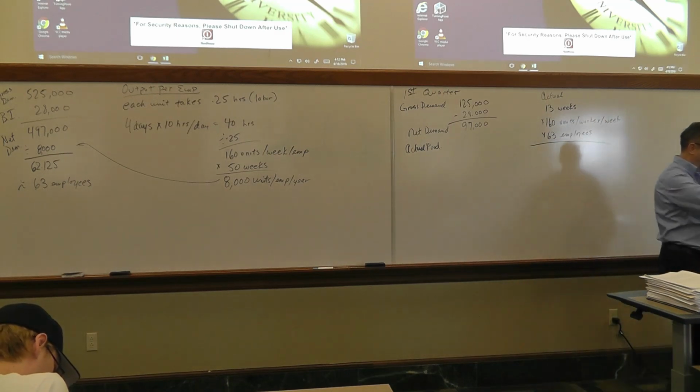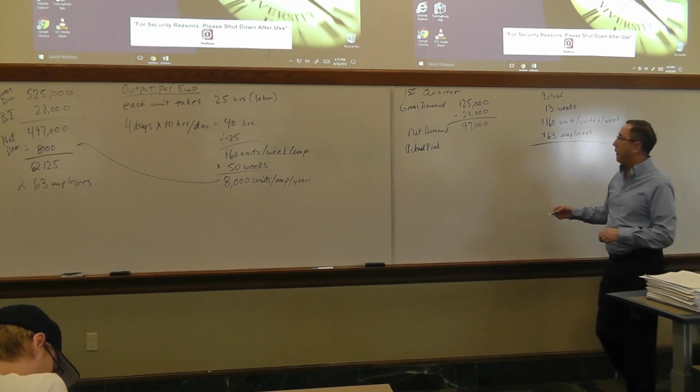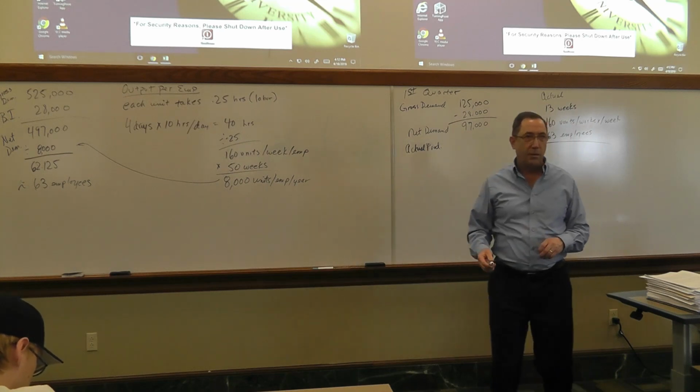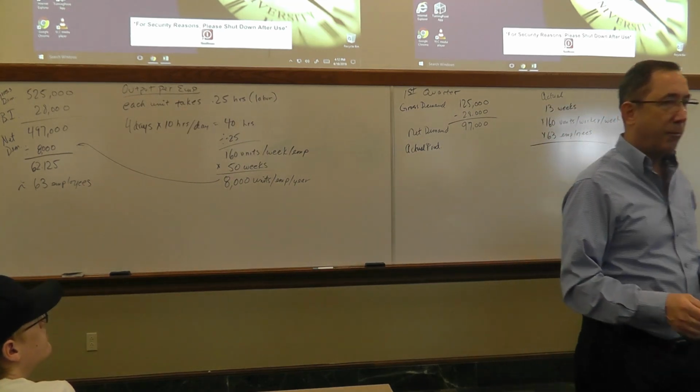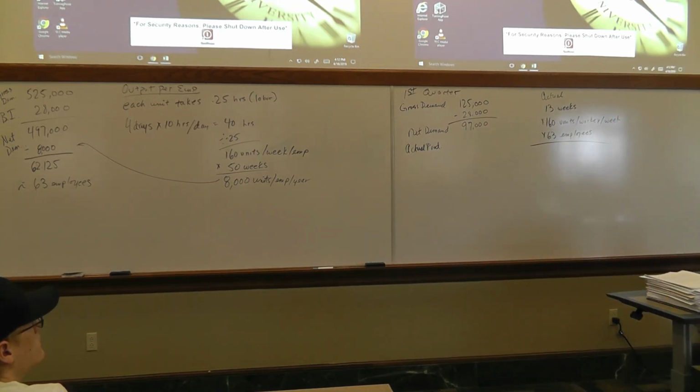Punch it in there. It's not going to be all that far off from 97,000, but it shouldn't be off by a magnitude of 10 or anything. Somebody give me an answer when you've got it. 131,040? Yep. Okay, we got some answers.